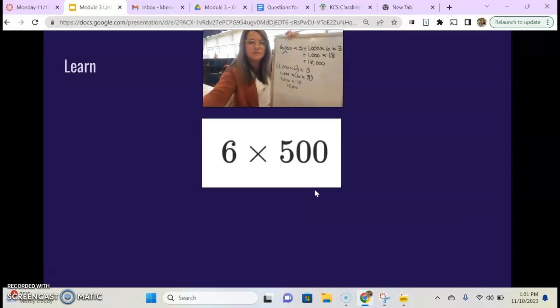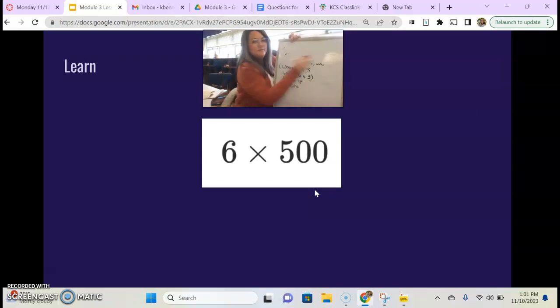All right, let's just do one more together, and then I'm going to send you on. 6 times 500. I'm going to walk you through it. Now, I know most of you can solve this in your head, but I want to show you the meaning of the magic zeros here. I would still put my 6 times, but then I would break up that 500 and put 5 times 100.